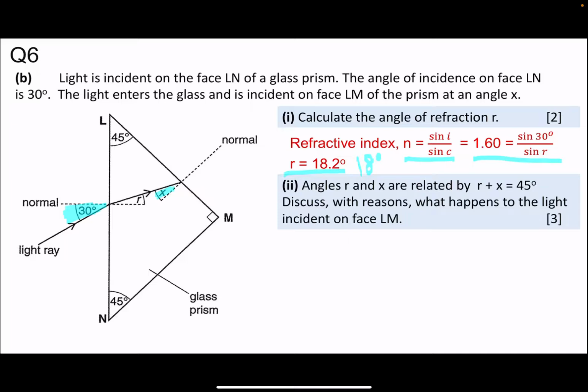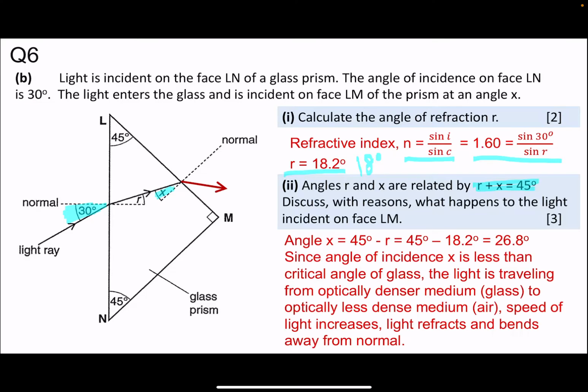Now, in part 2 of the question, angles r and x are related by r plus x equals 45 degrees. So what happens to the light? So angle x in this case will be 45 minus r, and that will give 26.8 degrees.